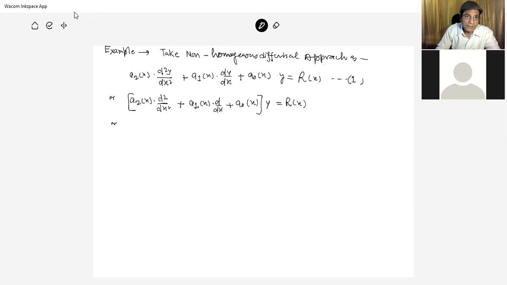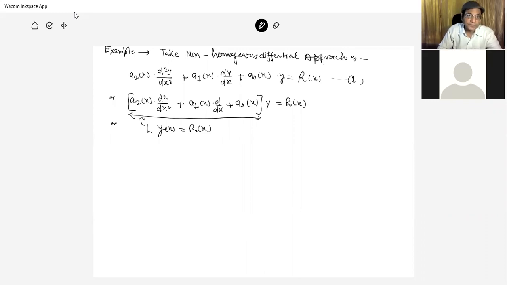So this can be written as L of y(x) is equal to r of x, where this whole expression is nothing but L. L is the differential operator.